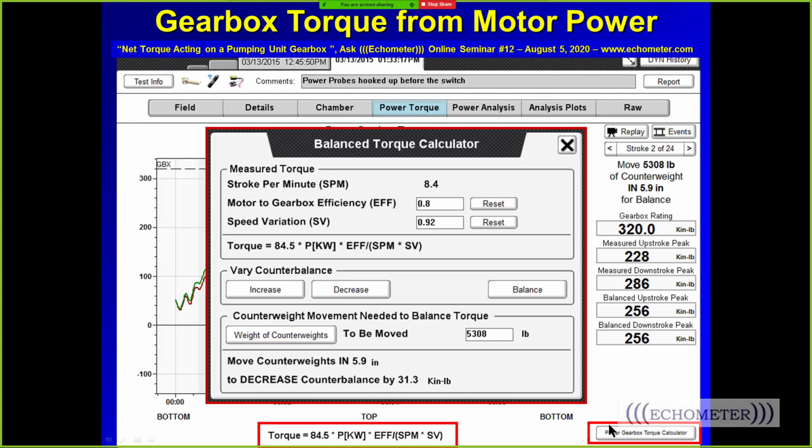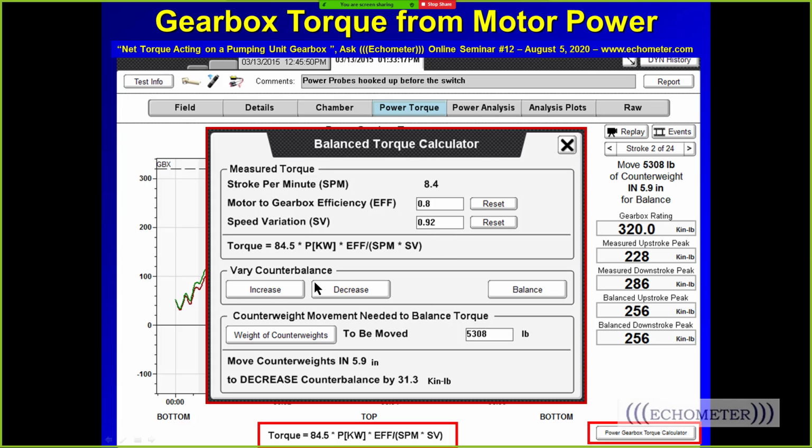If you click on that button, this screen pops open, and you can adjust the efficiency of the motor. We'll see in a little bit that most NEMA D motors are around 80% or higher efficient, so it's probably okay to leave that number as is. The speed variation, this may be an old slide, I don't know if we can change that now, but this is how much the speed varies throughout the stroke.